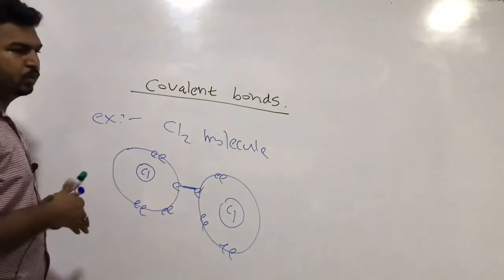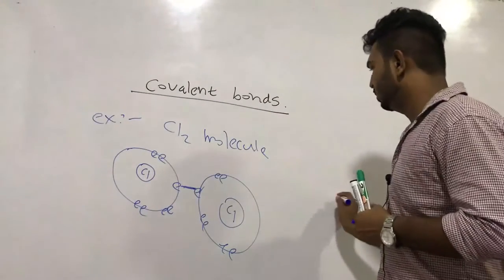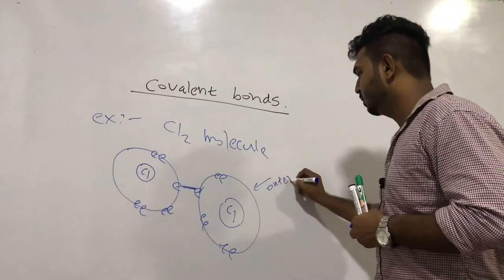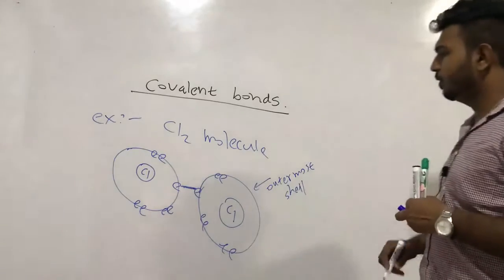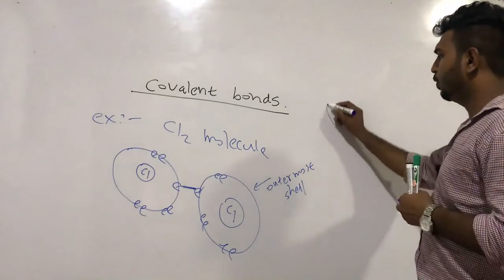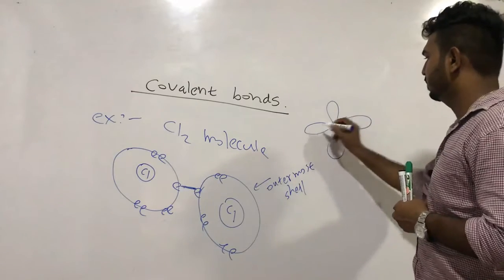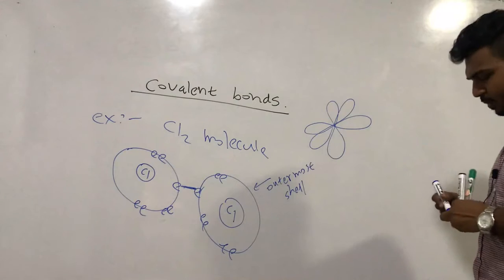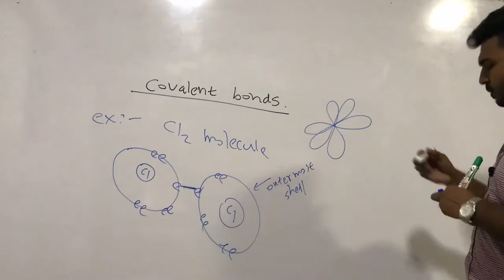So this is the outermost shell, and we can draw the structure of p orbitals.